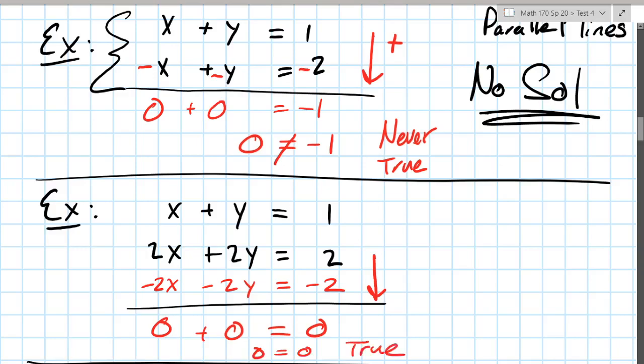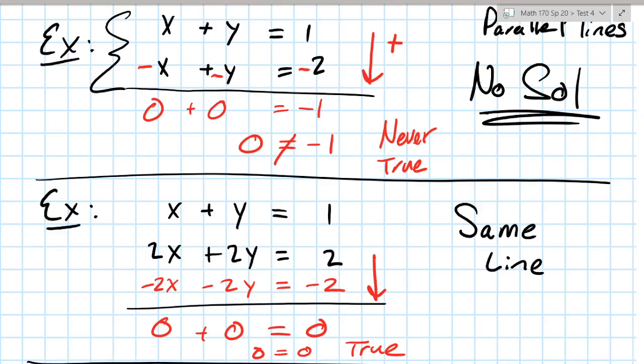So what's happening here? Since everything has canceled out, what we're looking at is the exact same line. So a point that works for one line will work for the other line as well. If I solve the first equation for y, I have y is equal to -x plus 1.